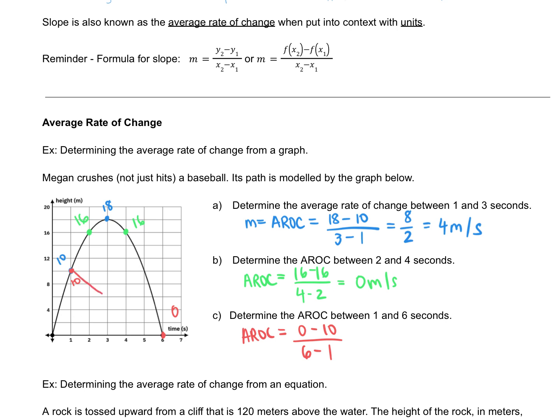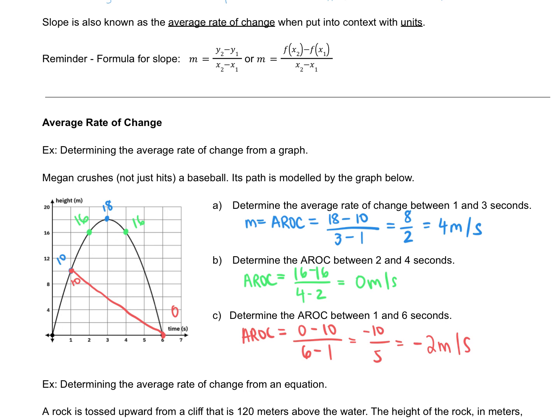It's like I'm creating a line segment here, and that's what my average rate of change is. And as you see, that line is going down, so I'm expecting a negative rate of change. And that's going to be negative 10 over 5, which is negative 2 meters per second. And the negative just tells you that from 1 to 6, there is an overall downward trend from start to finish.